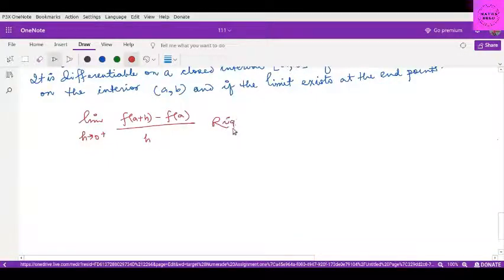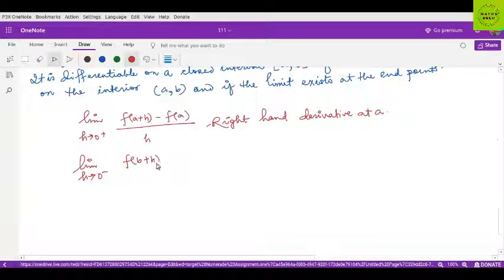So this is the right hand derivative at a, and we have limit h tends to 0 negative of f of b plus h minus f of b over h. So this is the left hand derivative at b.